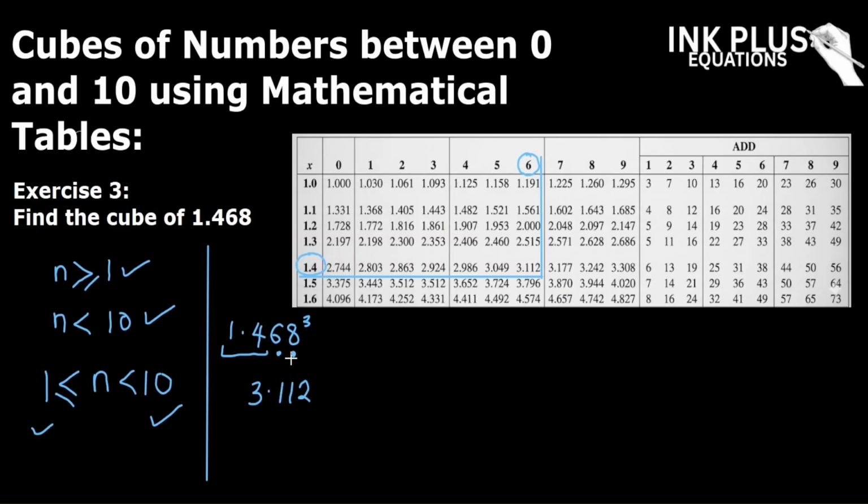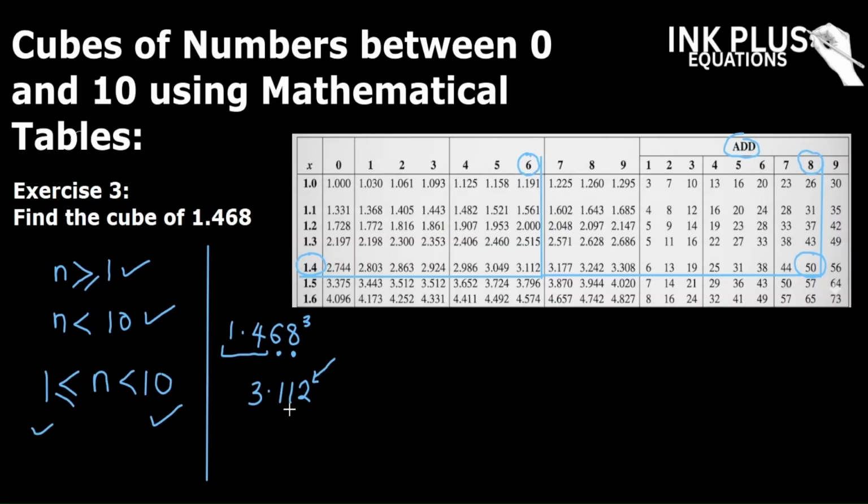So for the third decimal place, we're going to look at the add section. We will find 8 is right here in the add section. And then we're going to extend our horizontal line. So if we extend this from here to here, and then we draw this down from here to here. So whatever number we have here in the intersection, we're going to add it here. And when you're adding, always add from the right side.